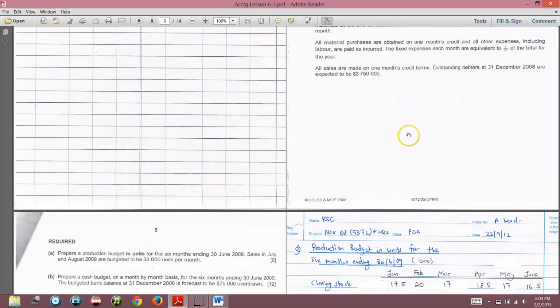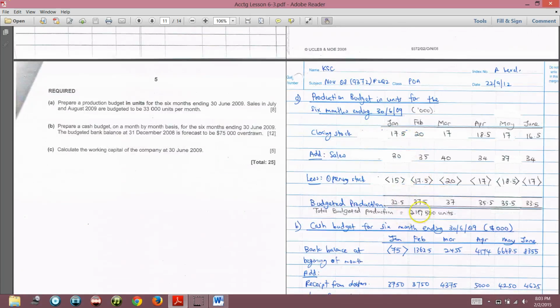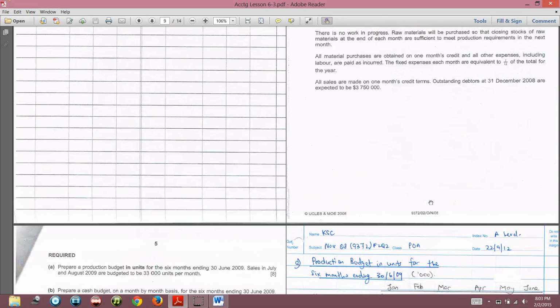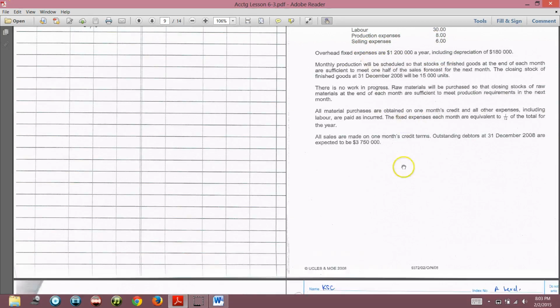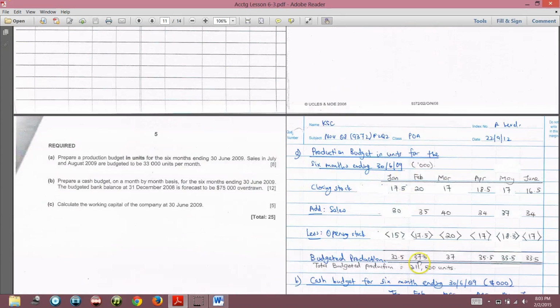So this is February production. That means the raw material requirement for February is how much? The raw material requirement for February will be 25 times 37,500, or 37.5, which is 937.5.